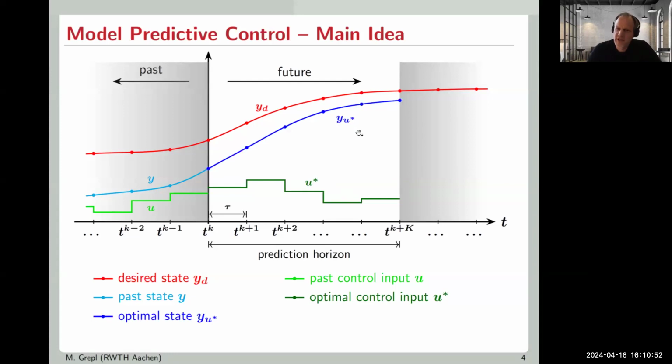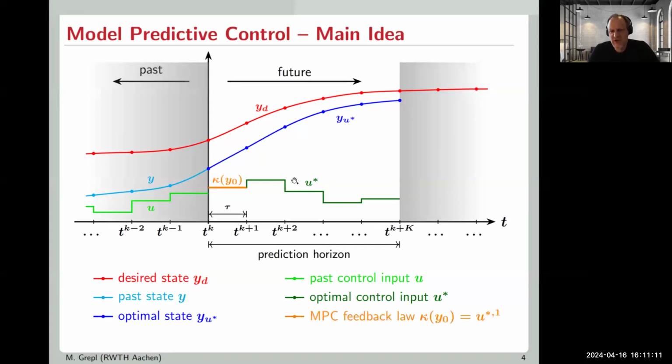Now the idea behind MPC is not to go ahead all the way up to time step t_k plus capital K and then restart the process, but only to apply the very first control, so the first step of our control sequence.